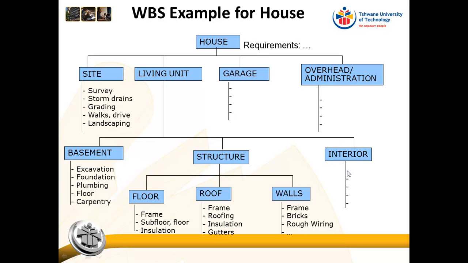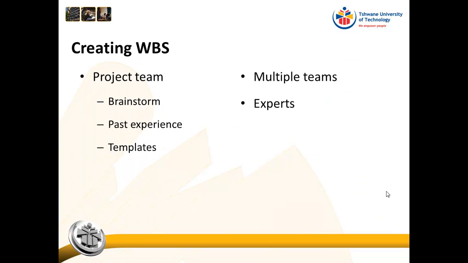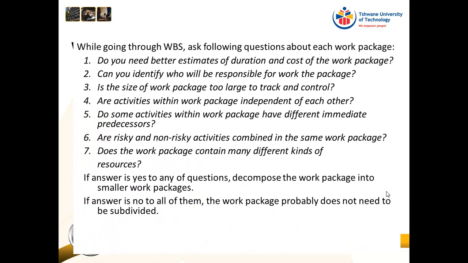And I definitely should break it down further so that there is a specific activity that the plumber does, a specific activity that the electrician does, and a specific activity that the plasterer does. If the answer is yes to any of the questions, decompose the work package into smaller work packages. If the answer is no to all of them, the work package probably does not need to be subdivided.